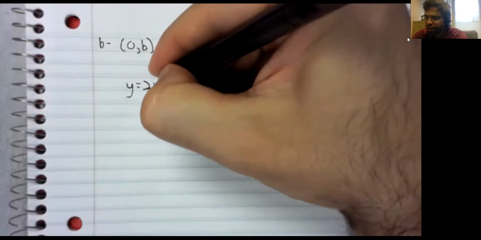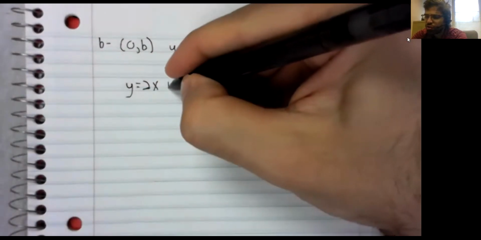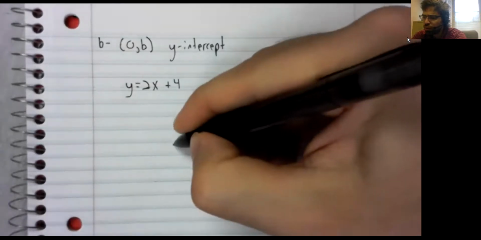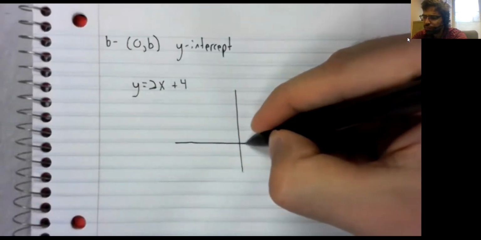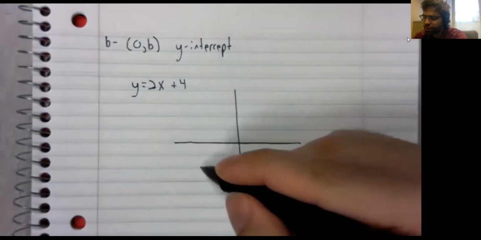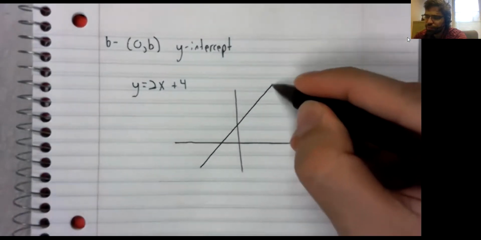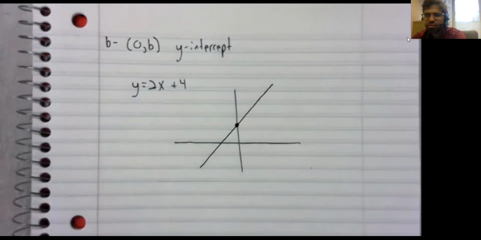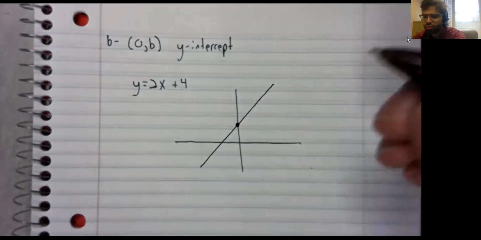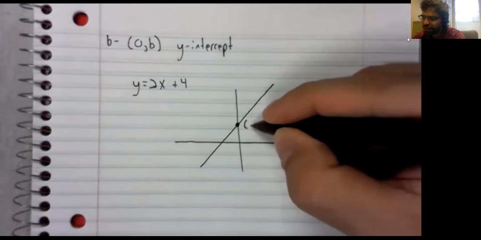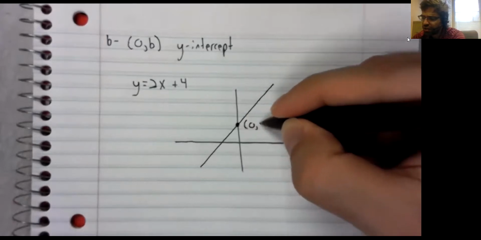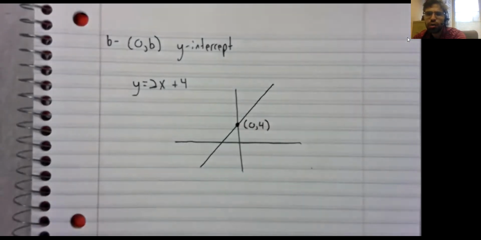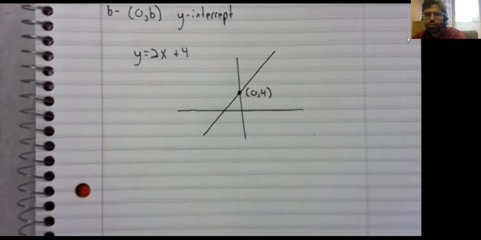So if you have like y equals 2x plus 4, that tells you that this point where it goes through the y-axis is 0, 4.